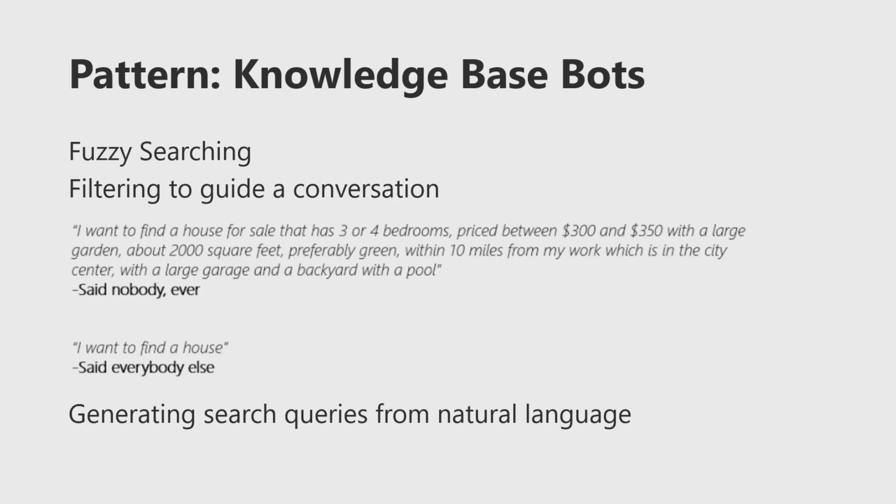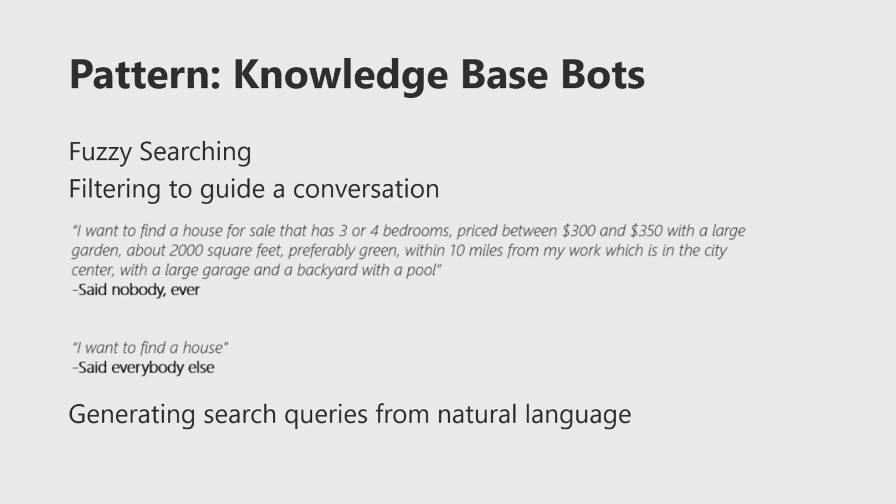It is the task of this bot to generate some queries from this natural language to guide the user in some kind of conversation. The user wants these filters, but normally the user doesn't start the conversation by typing all this information.